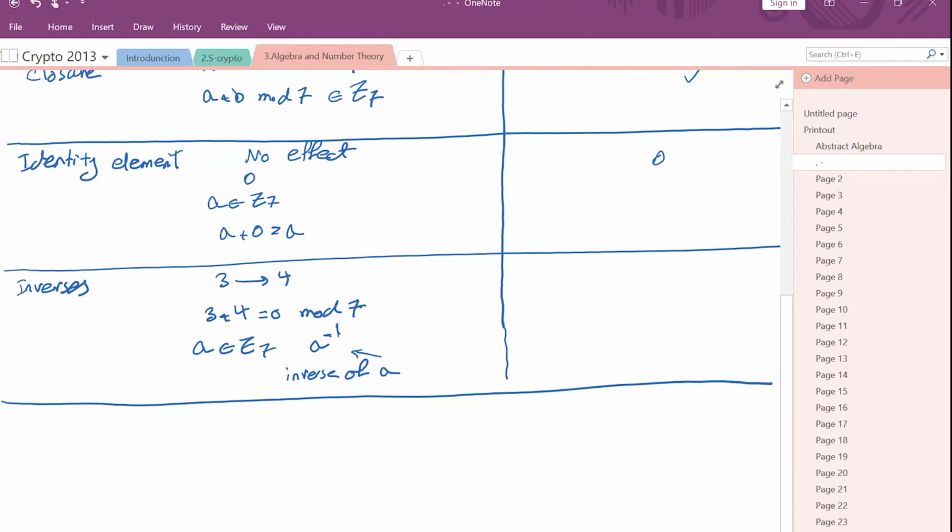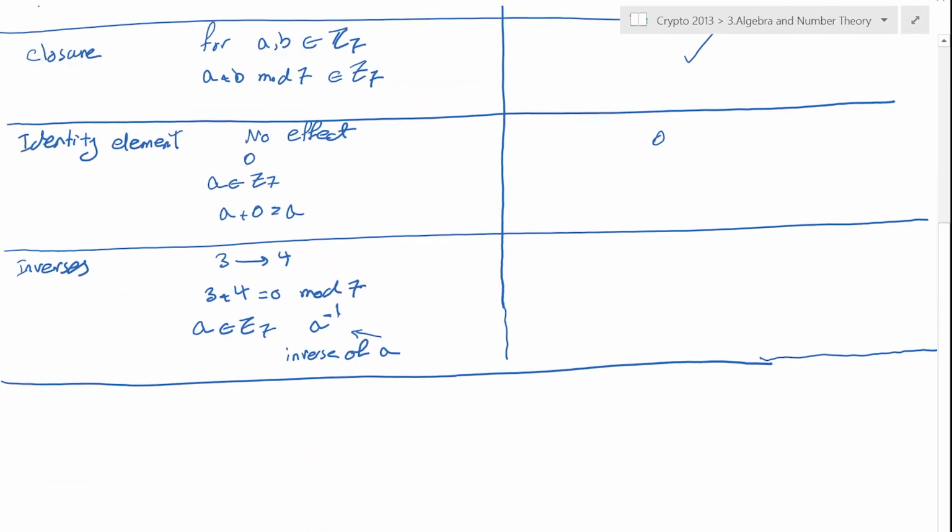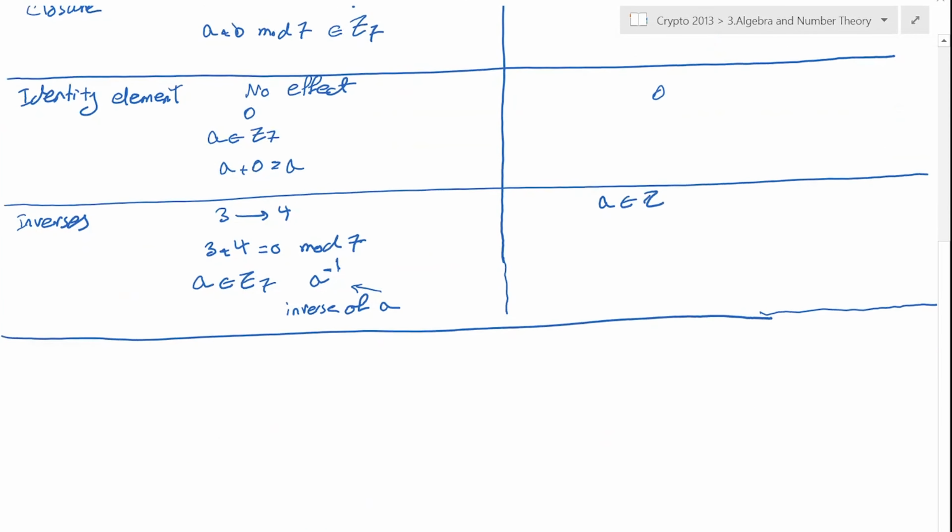Looking into the set of values in Z, how do we find the inverses? For any A in Z, the set of all integers, the inverse of that value is minus A. So if I do A plus minus A, I always get 0, right?